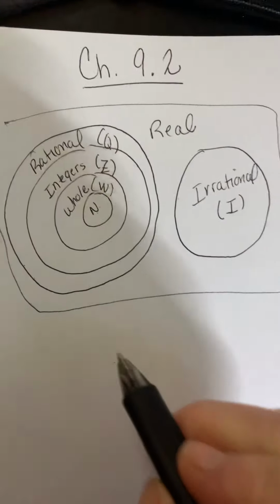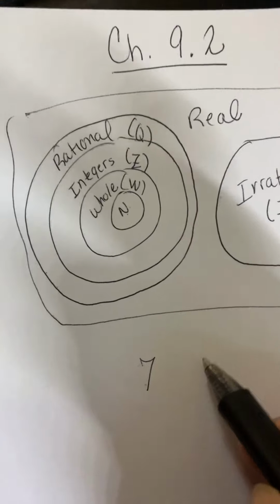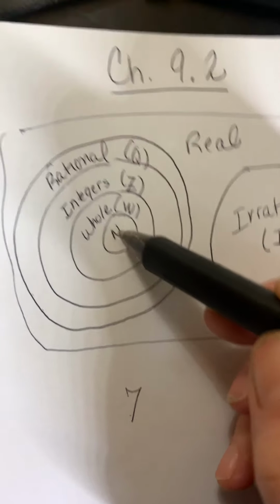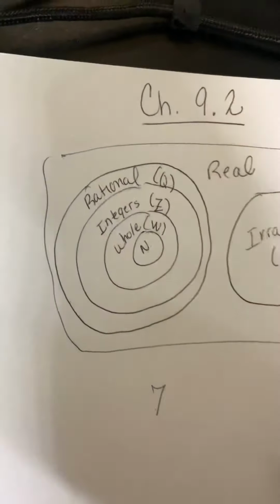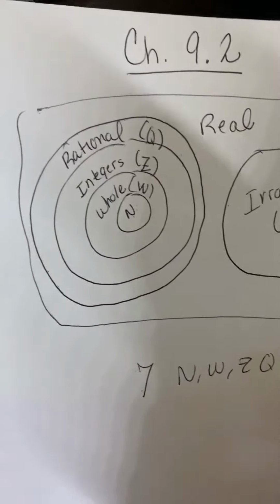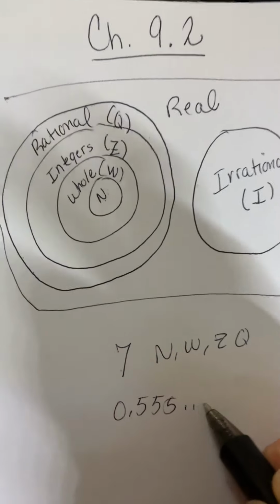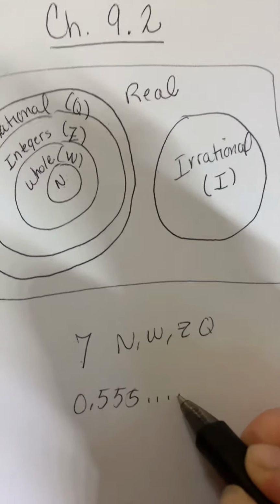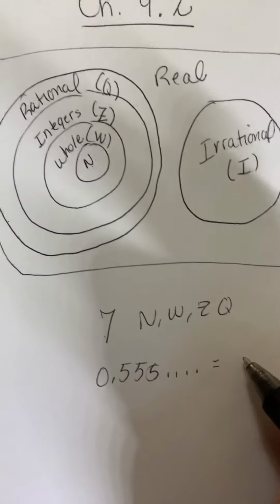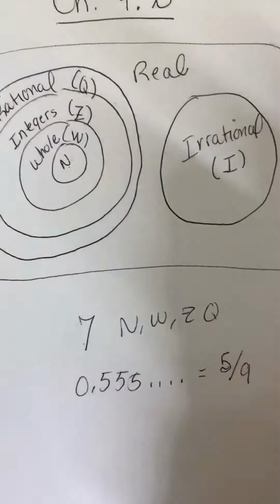So if I said to you, all right, what does the number 7 represent? You're going to start in the center and say, it's natural, yes. Once you say yes to natural, it's yes to all of them. So it's N, W, Z, and Q. If I had this number and it was repeating, I look at that and I go, okay, I know that as a fraction, because you guys know if one number repeats, it's over 9.